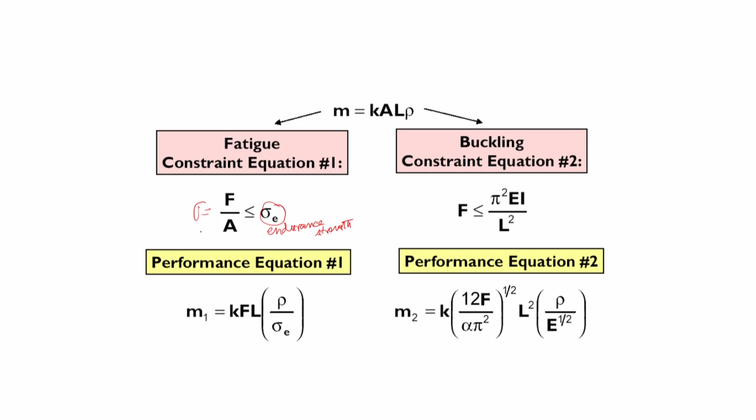In other words, from this expression I know that area is nothing but F over sigma E, and then I can replace it in this equation. So, then the mass will be K F over sigma E L rho. Let us write this sigma E here as a subscript. Okay.